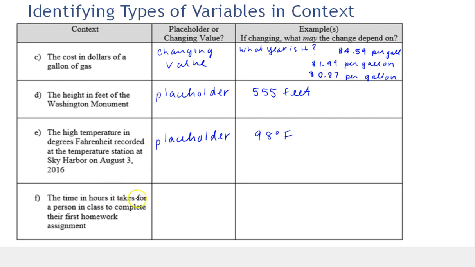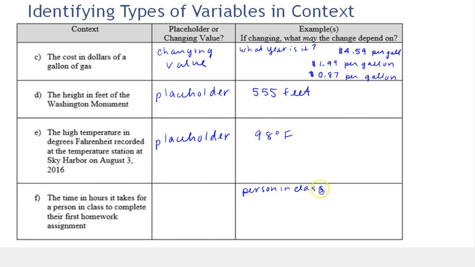And now let's look at the last one. The time in hours it takes for a person in class to complete their first homework assignment. I'm assuming you could guess that different people in the class would take different amounts of time. This could depend on the person in class.